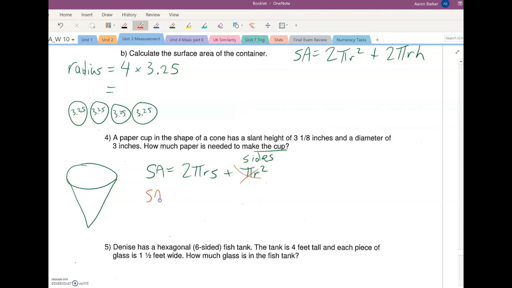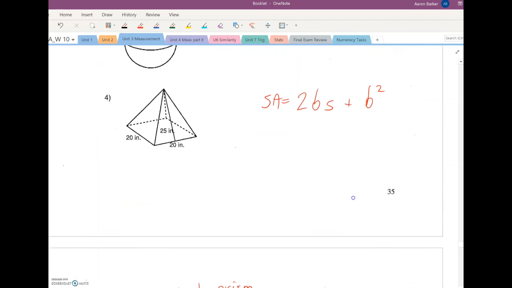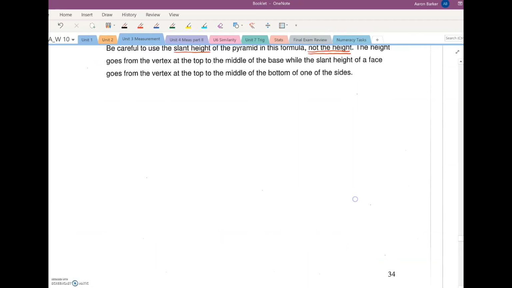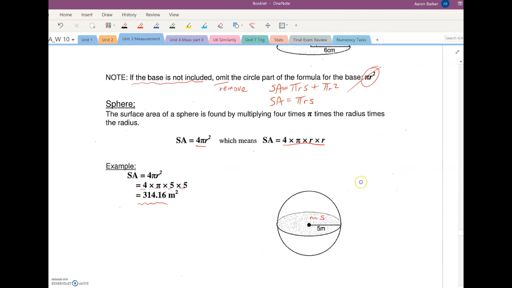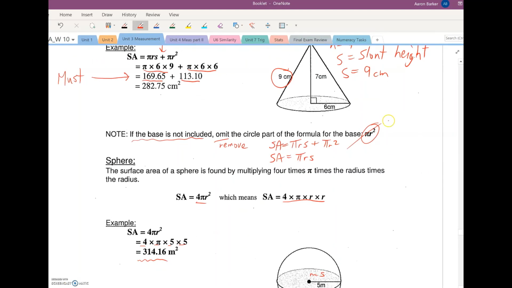So really all you're doing is finding pi rs, the surface area of a cone of only the sides.